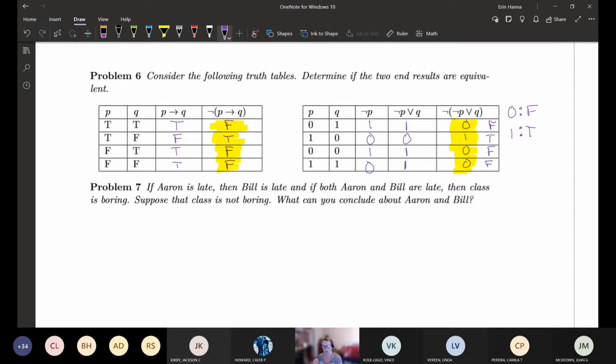I don't have a not Q. Oh, I also did a fancy thing here as well. Wait, no, I was trickier than I thought I was. I'm a tricky trickster.